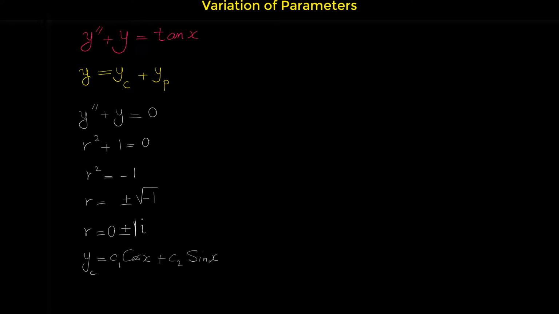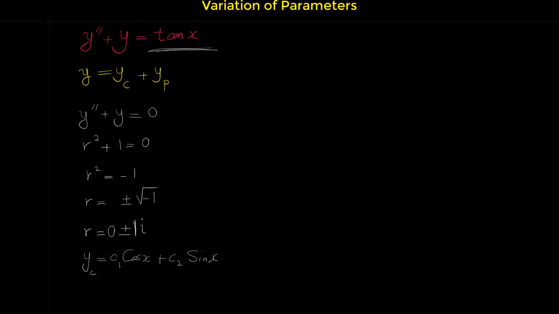Now we are ready to find the particular solution. Always first we have to find the complementary solution. Then we can use the method of variation of parameters to find the particular solution. Note that in this example, we cannot use the method of undetermined coefficients.